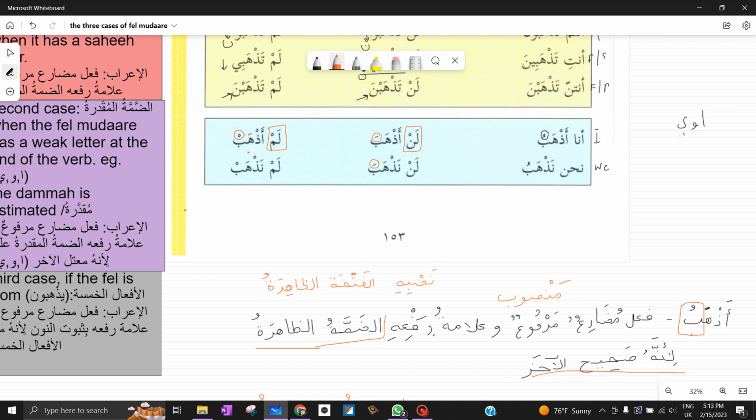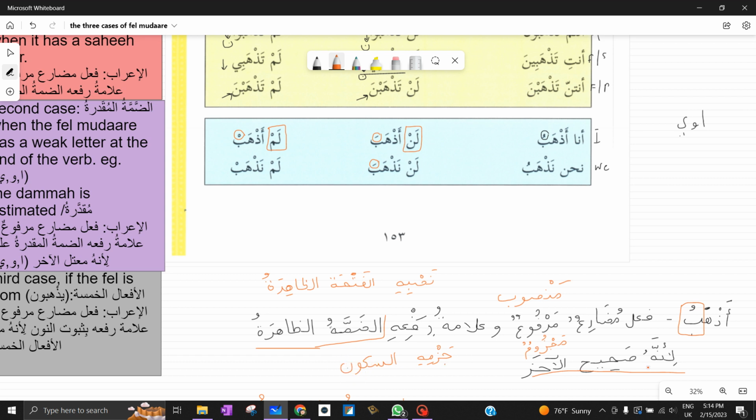And what happens when it is jazm? When it is jazm, you will say the same sentence: fi'l mudari' majzum. In this case, you will write majzoomun. Wa alamatu jazmihi. You will write jazmihi instead of nasb or raf'.